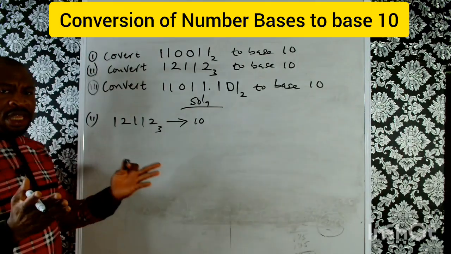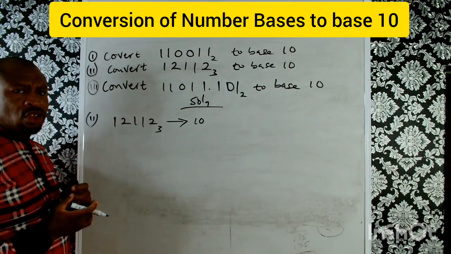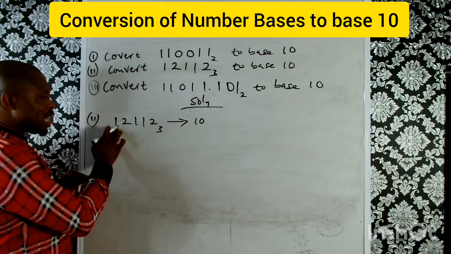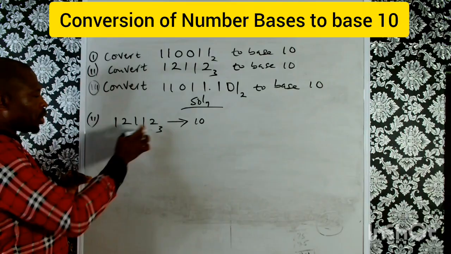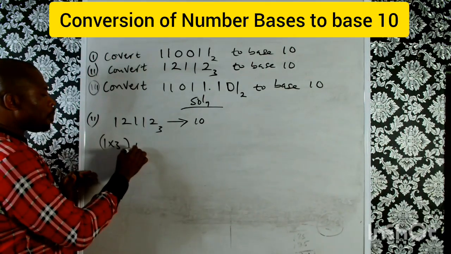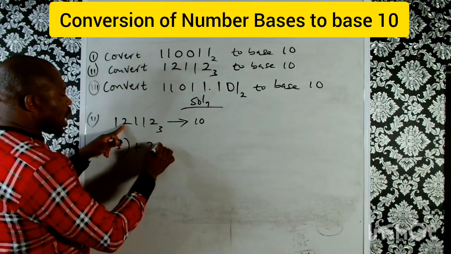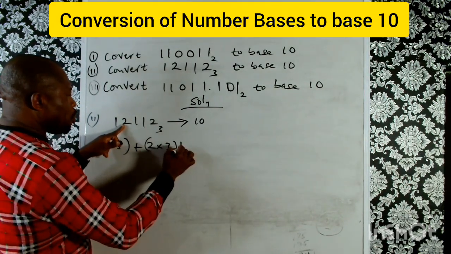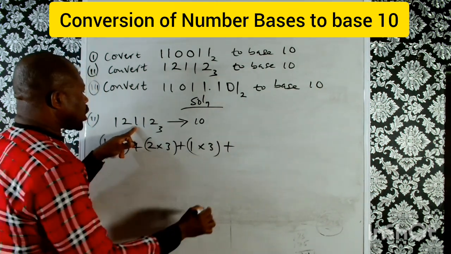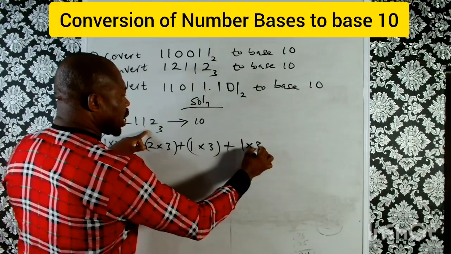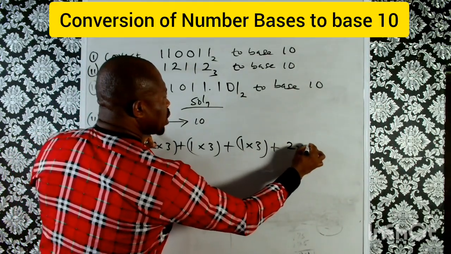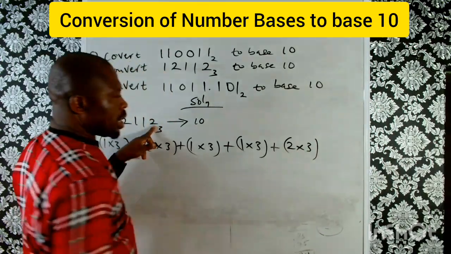The way we did the former one, that is how we are going to do this. Multiply each of these digits by 3. Now we take 1 times 3 plus 2 times 3 plus 1 times 3 plus 1 times 3 plus 2 times 3. I think that is all.